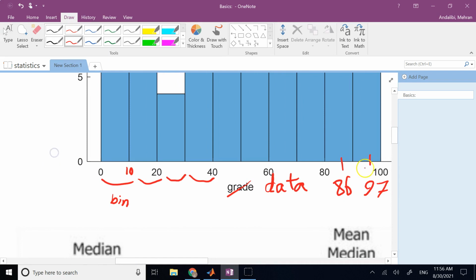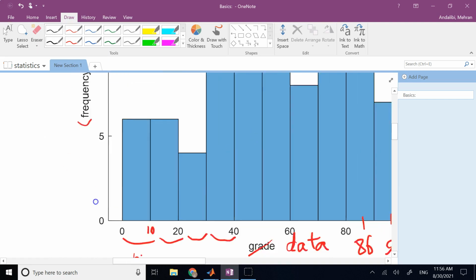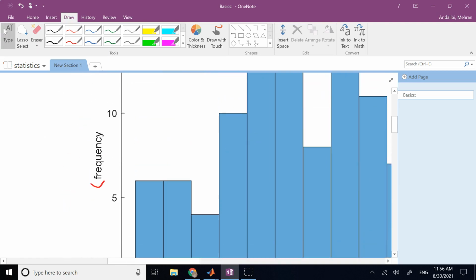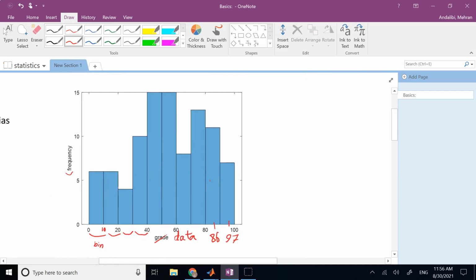So I divide my whole range of data into a number of bins and count how many data of the sample falls inside each bin, and then call it what? The frequency for that bin, and I get this bar plot, which we call a histogram. So this gives me a rough presentation of the sample, and maybe I can generalize it to the population.